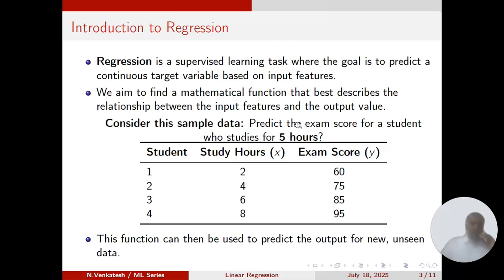Let us consider here 4 students' data, and for each student the number of hours studied and the exam score is given. You are expected to predict the exam score of a student who studied for 5 hours.